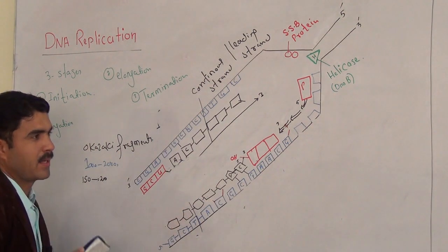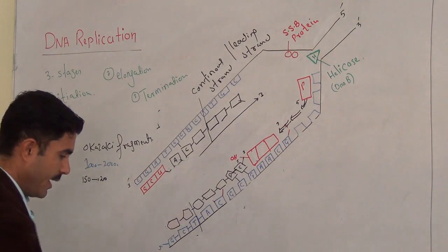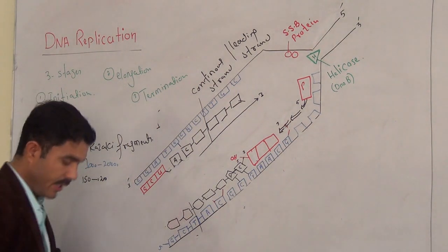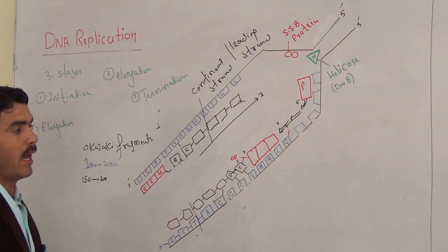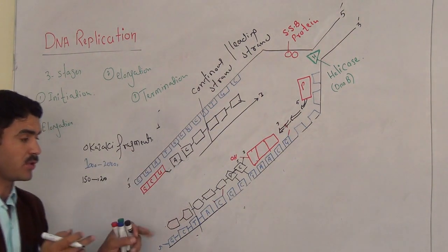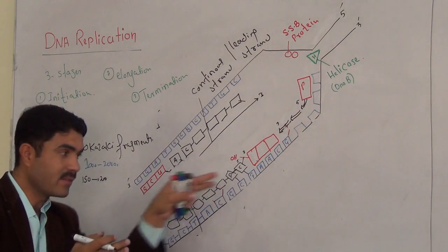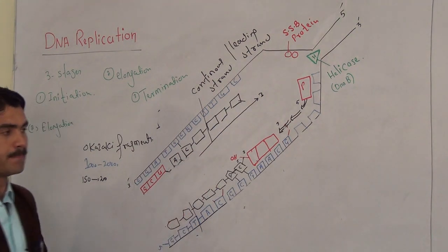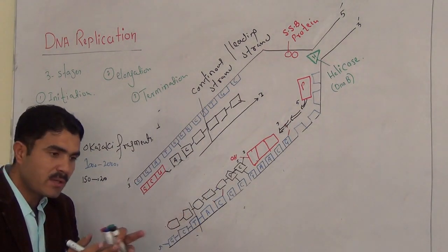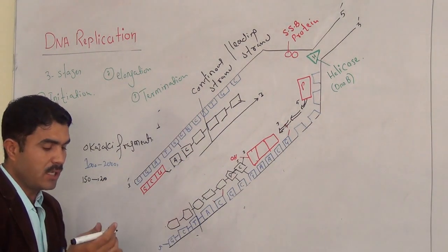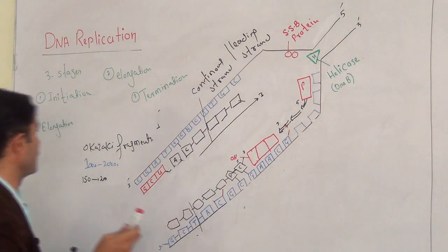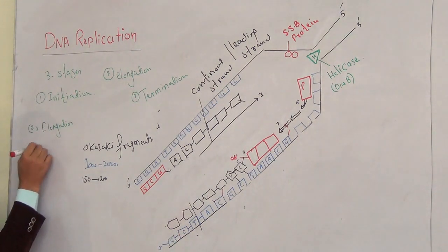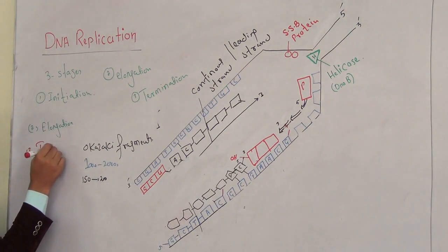Suppose that the whole DNA molecule is now being separated, and the process is called elongation, because you know very well that the chain length is being increased. Let's suppose the process has ended. Now the third and last process is called termination.